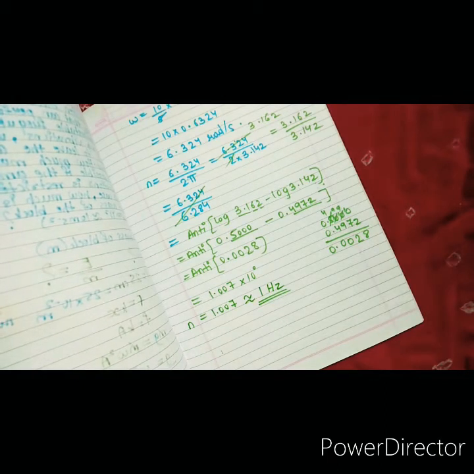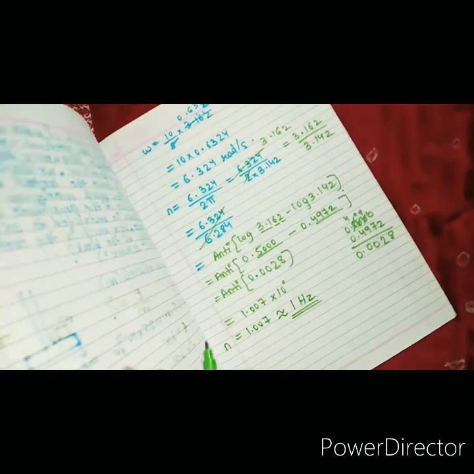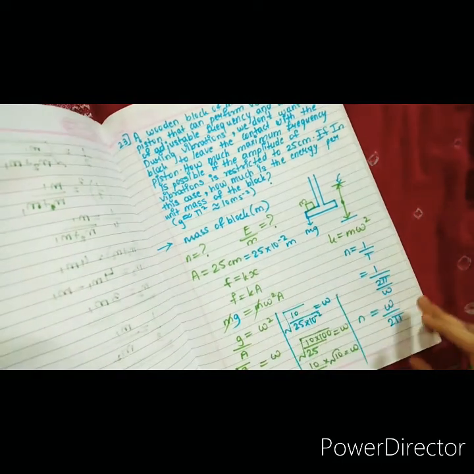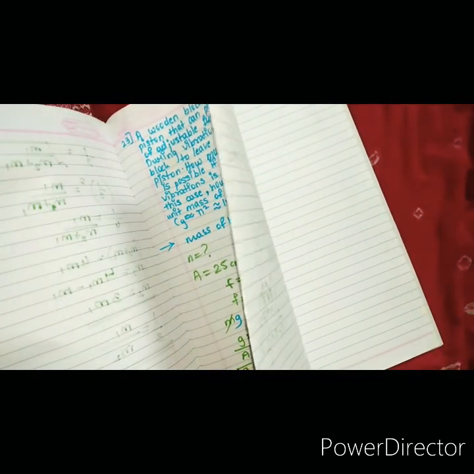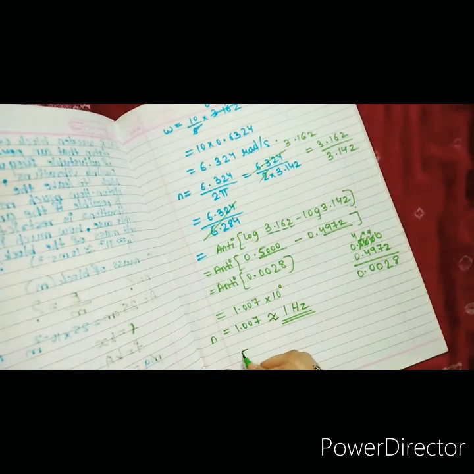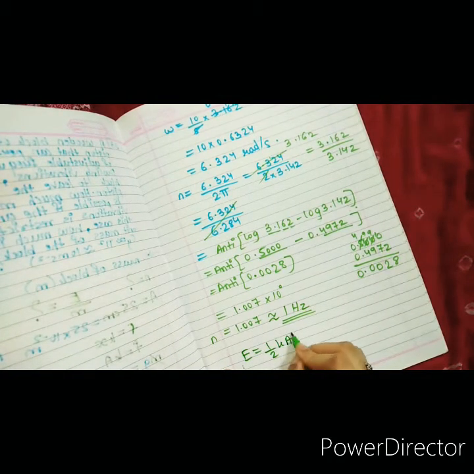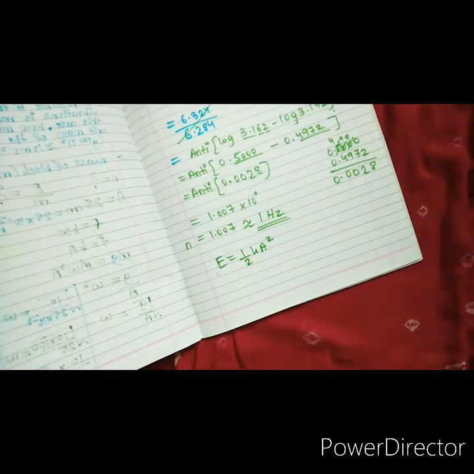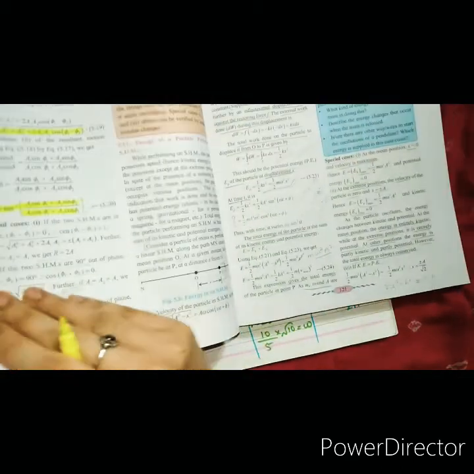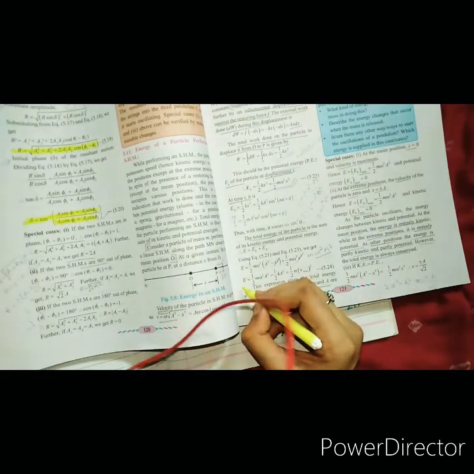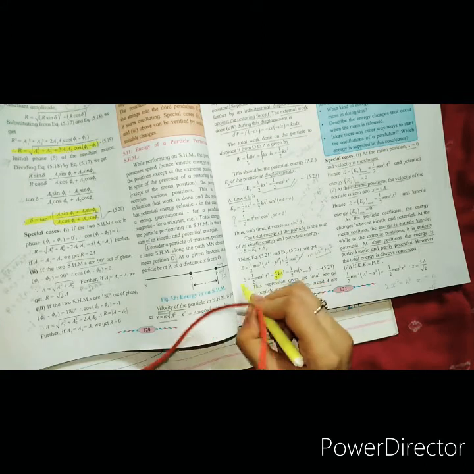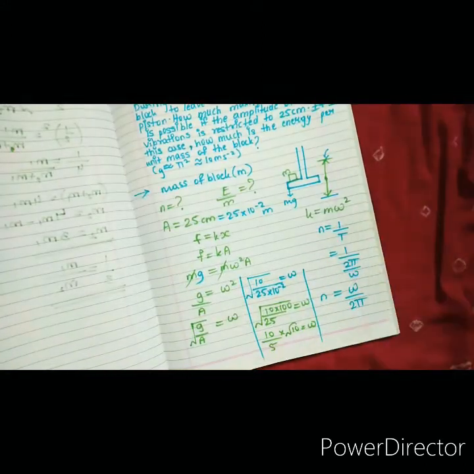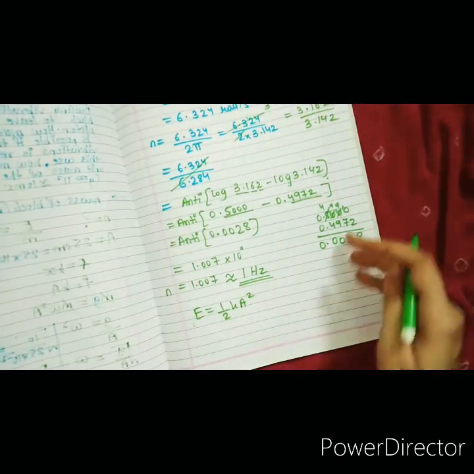Okay, maximum frequency. After that, what is asked to you next is energy per unit mass. We know the formula of energy is half K a square. This is the formula of energy. Wait, I'll show it to you, the formula for energy on page number 121. Energy is half K a square. So we'll be using that.